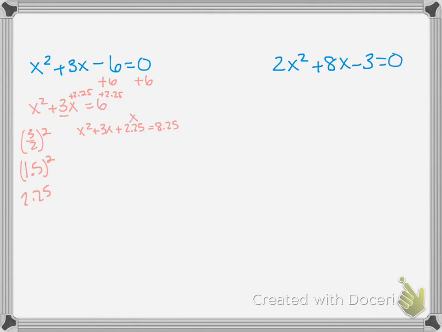So it multiplies to 2.25, but when I add it gets me 3 is going to be that number in the parentheses. So x plus 1.5, x plus 1.5 is equal to that 8.25. We can write it as a squared.